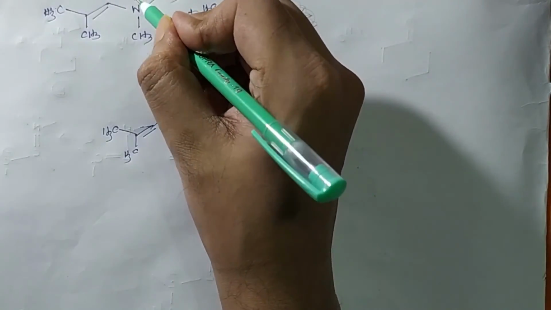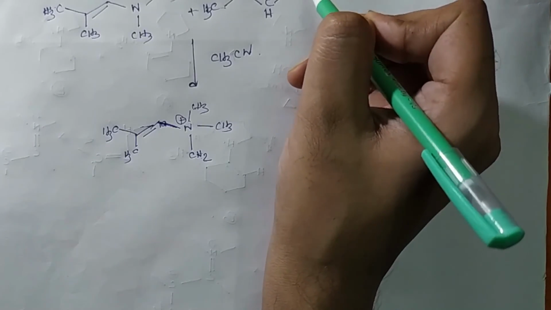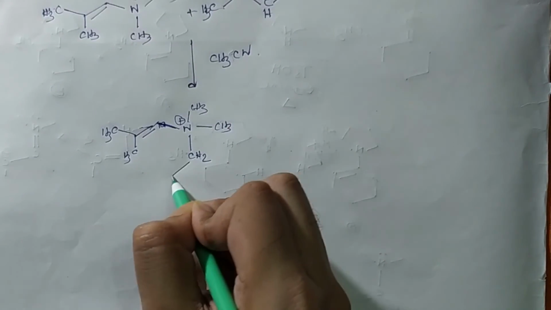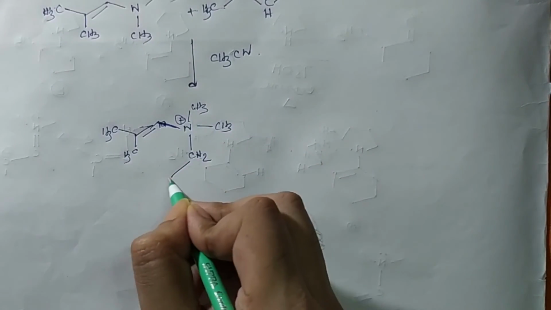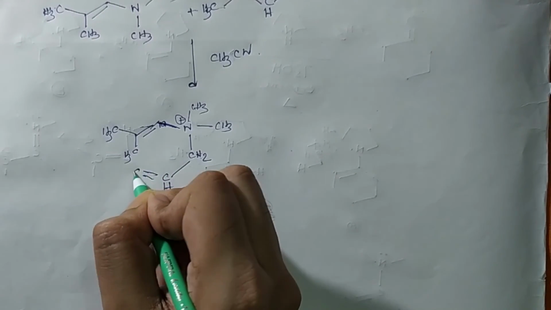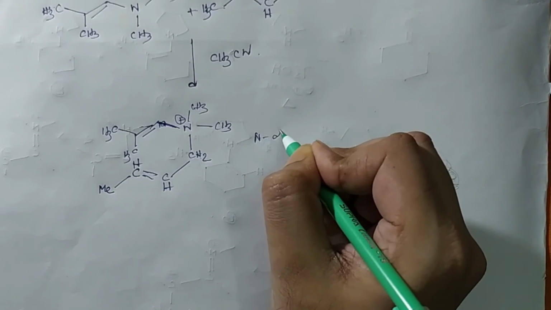The nitrogen lone pair will attack this center, and the bromide cleaves. So you get this, an N-alkylated product.